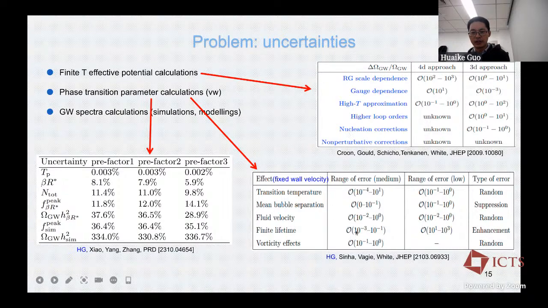This is from our paper on the uncertainty coming from the calculation of the phase transition parameters. And this is from another recent paper of ours, where there is some minor uncertainty coming from some analytical formula we use. This is by comparing the analytical formula and the numerical simulation that we have done.